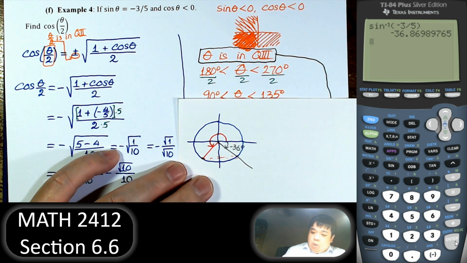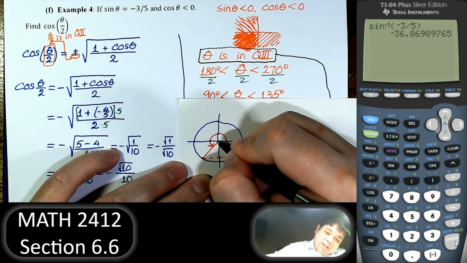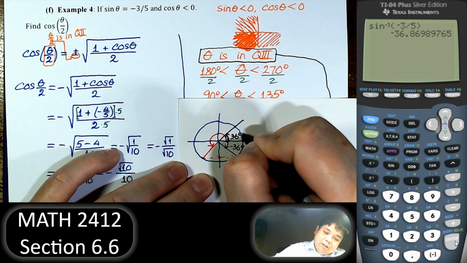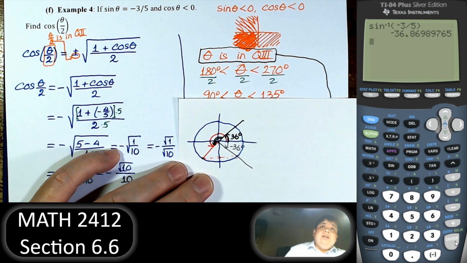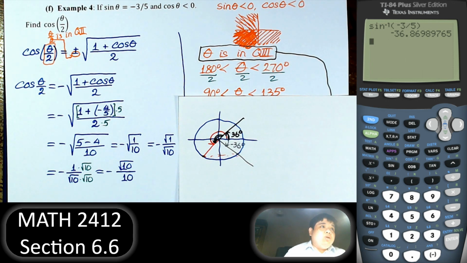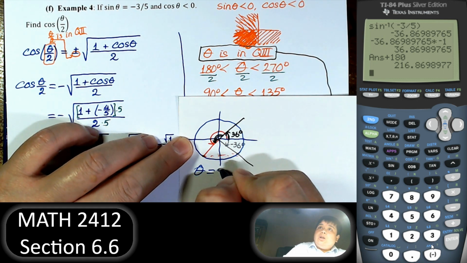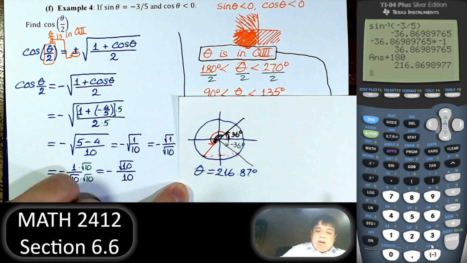So to get to these values, what we have to do is first we're going to turn the negative 36 into a positive 36. And then we add 180 degrees to it. So that gives us theta, to 216.87 degrees. Right.